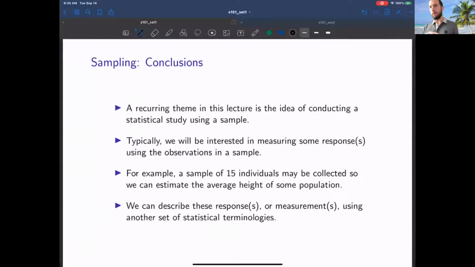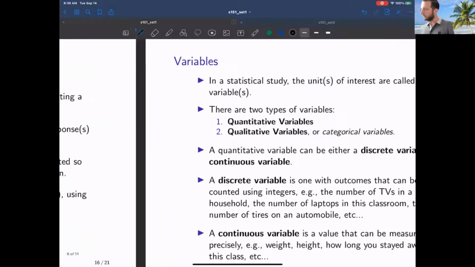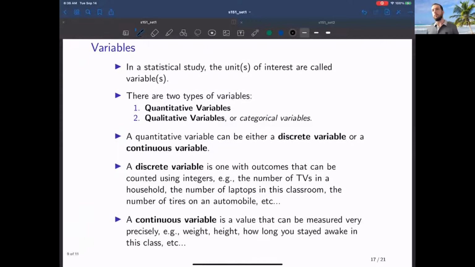All right, so that's all I'm going to say about sampling. We have a few more definitions to get through before we finish lecture set 1, and then we can start the lecture set 2 material. The remaining definitions in the lecture set are related to types of variables and types of data.